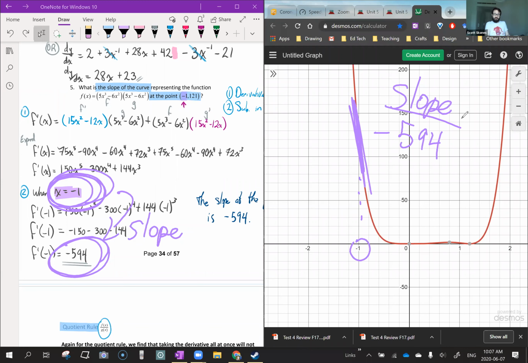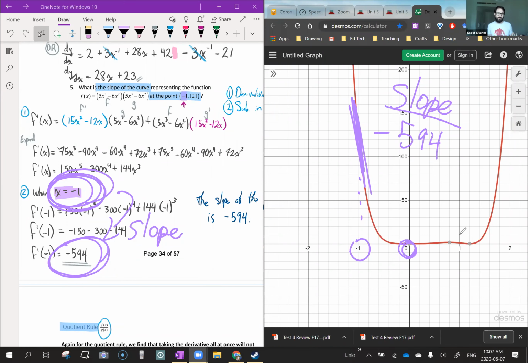And you're like, super steep, man. It's like -594. That's the idea. If you were to put in x equals 0, this function would tell you that it's basically flat. It's slope of 0. Or if you were to put in x equals 1, you get, I think, the value of -6, which tells you it's really gentle at that point.